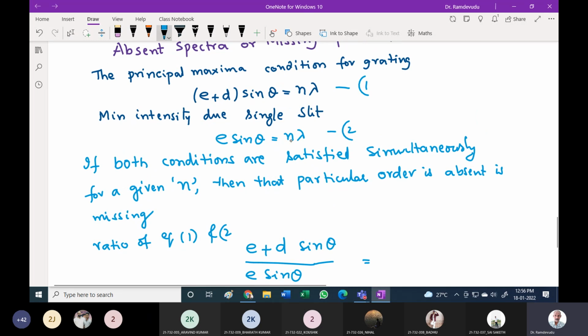Some particular value of n, the second order, is falling on the first order of that. That means m is different from this n. Hence, in some cases, instead of writing n, they will write m here. That means the first order or third order of this exactly falls on the second order of this. So here it is m.